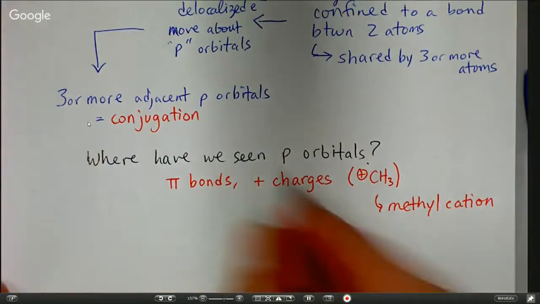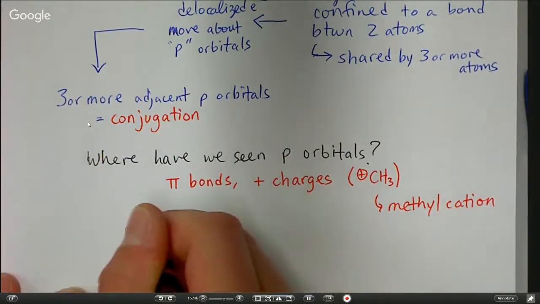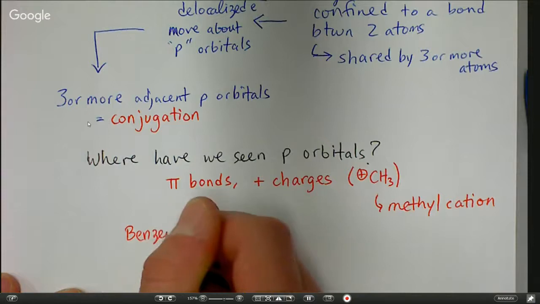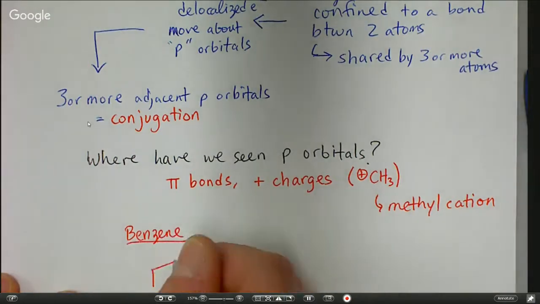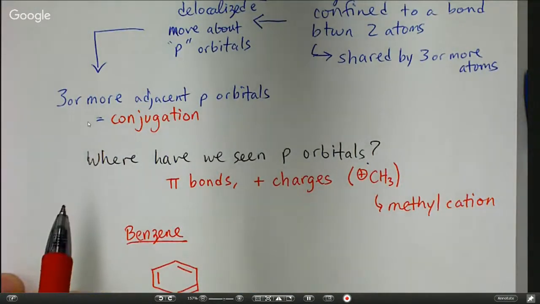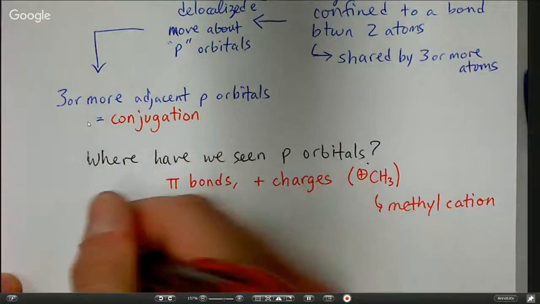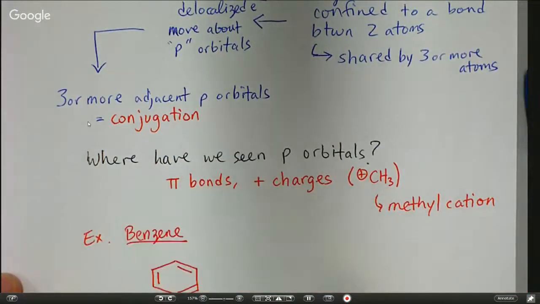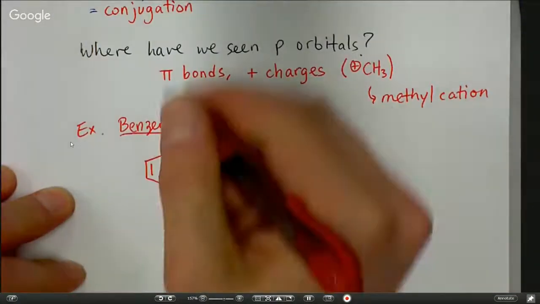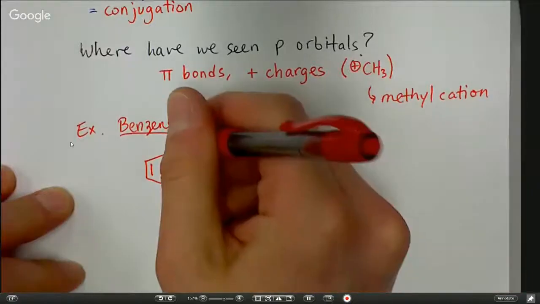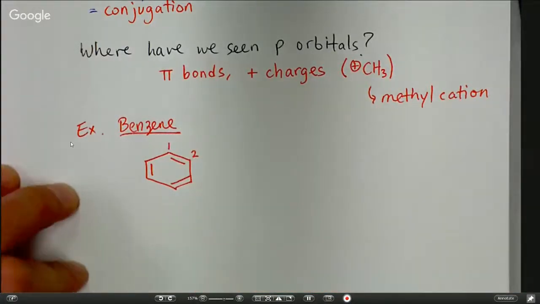As far as the pi bonds, let's look at benzene as an example. Benzene looks like this. And let me number, I'll say this is carbon 1 and this is carbon 2 for reference.